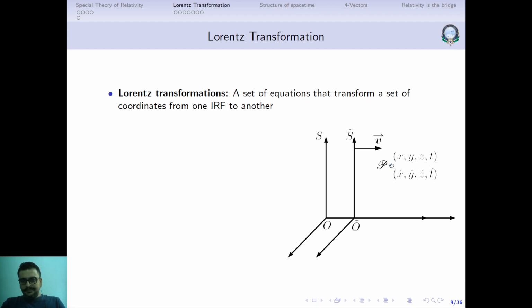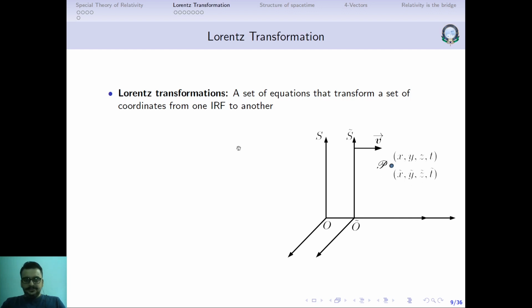And this point P is not just a point, it's actually an event, because it takes place at a certain position and at some time t. Now this point P, observed by the stationary observer, will have the coordinates x, y, z and t. And the moving reference frame also observes the same event, and it will find that its coordinates are x tilde, y tilde, z tilde and t tilde.